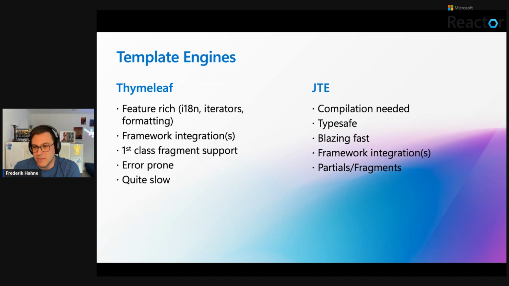And it's very, very fast. Most of the time that's not needed because rendering is certainly not the most needed performance part in a web application. Partials and fragments are also working quite well. Not so nice like in Thymeleaf, I would say, but they are working good enough for a use case.